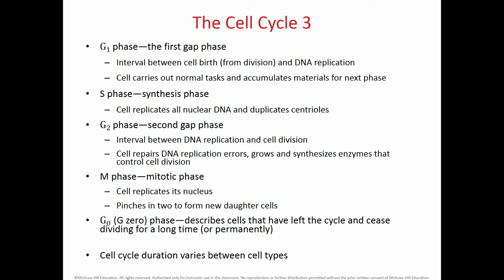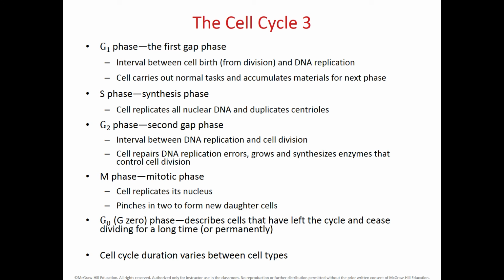And again, G0 is the phase that describes cells that left the cell cycle. Once the cell makes its own copy, it will enter into G0, and then it won't go back to replicate.